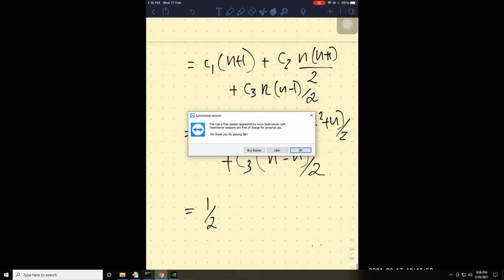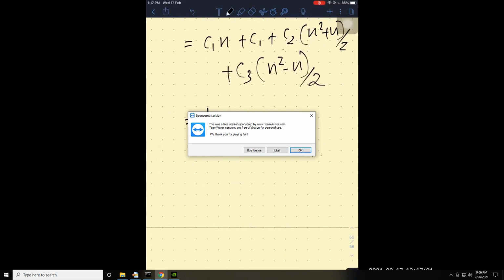If we solve that equation, we'll get half times C2 plus C3, times n square, plus C1 plus half of C2 minus half of C3, times n, plus C1.